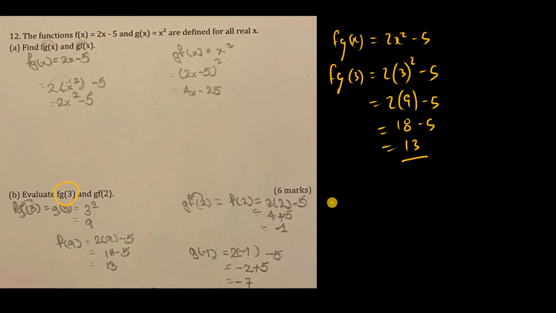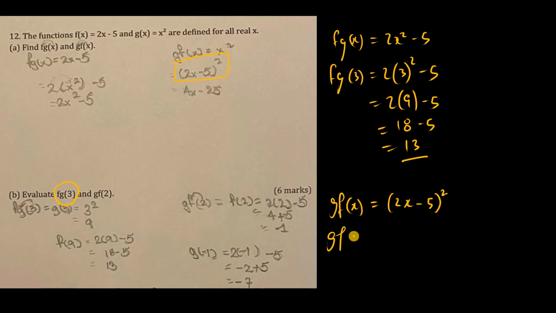Okay, now g of f of 2. Well, we need to know what g of f of x is. As mentioned earlier, we can use this, since we know that part is correct for sure: 2x minus 5 to be squared.